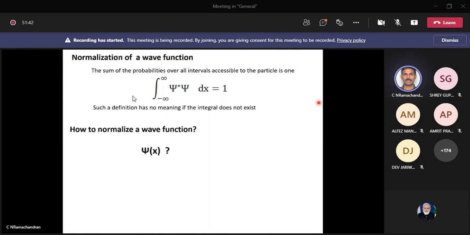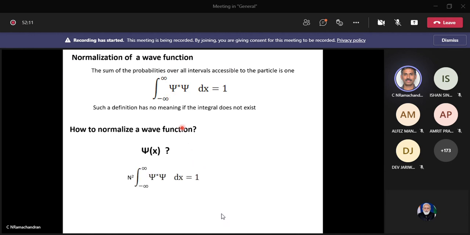For example, if you want to normalize a wave function psi of x, instead of psi of x you consider the wave function as N into psi of x, that is, multiply psi with a constant. Then you substitute here: if your wave function is not normalized, you consider a constant multiplied with it, so N psi and N psi star will come.